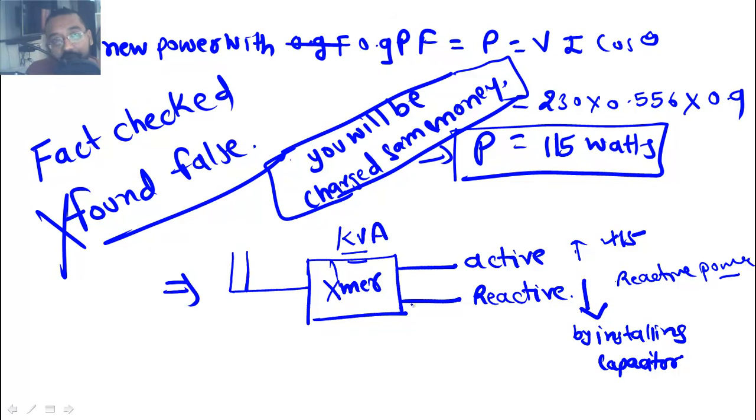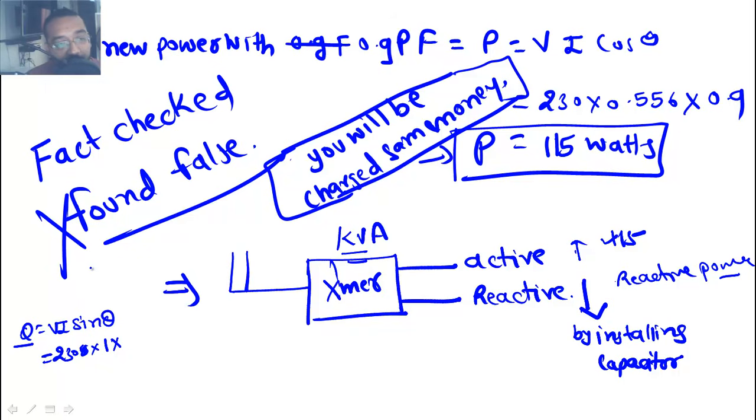Now see, we can also check it with one more equation: Q is equal to VI sin theta, that is the equation for reactive power. 230 volt, current we are taking 1 ampere, sin theta.